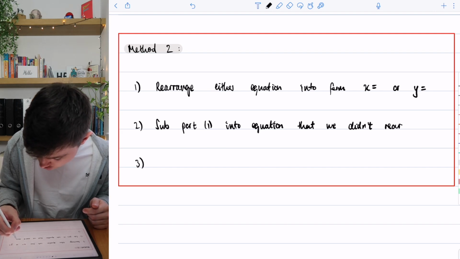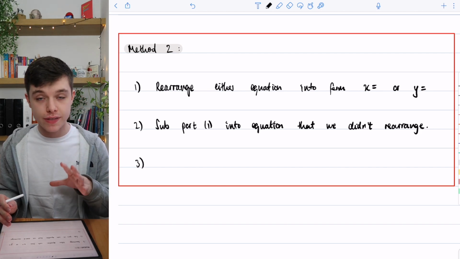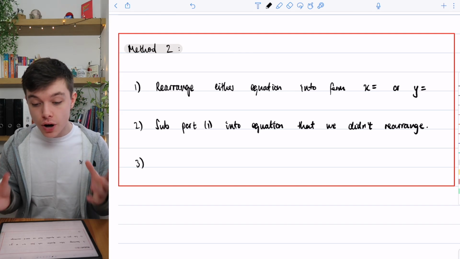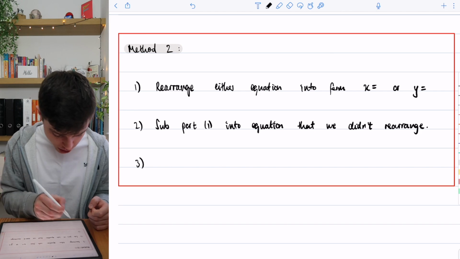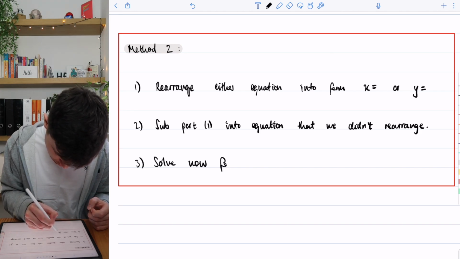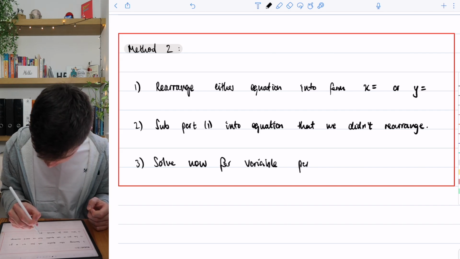So if we rearranged number 1, we'll substitute the rearranged version of number 1 into number 2. And then all we're going to do is solve for that variable. So, part 3: solve now for the variable that's going to be left in part 2.